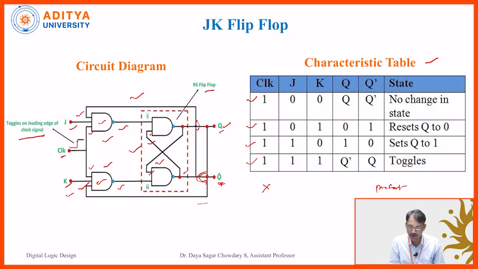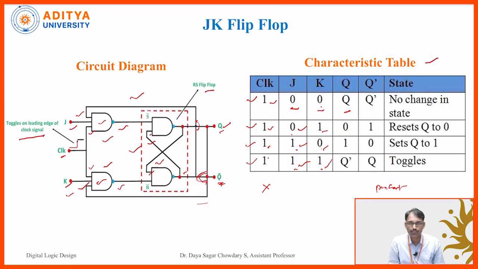Here J and K are the inputs. With two inputs, we definitely get 4 combinations: 0 0, 0 1, 1 0 and 1 1. For all 4 combinations the clock signal is enabled, that means the clock signal is 1.